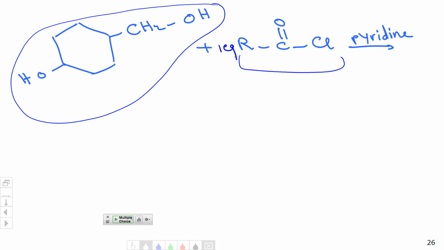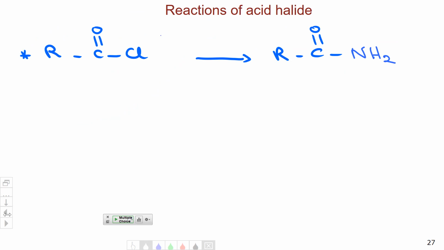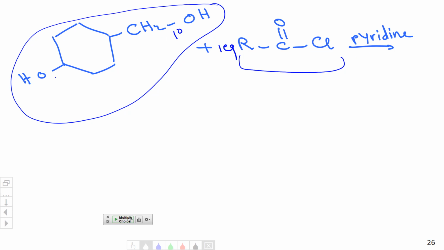In a case like this, where I have a bifunctional group, two alcohols in the same compound, this is a primary and this one is secondary. The one that's going to react faster is the primary, and that's based on primary reacts more than secondary, more than tertiary. Now, if I add two equivalents of the acid chloride, both of them will react. There is no preference in there.